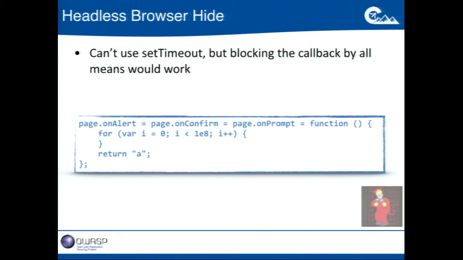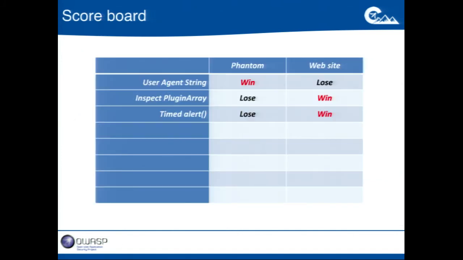This is the callback from PhantomJS for all the alerts issued from inside the page. And this is horrible because your PhantomJS can be DOSed by the website. So this time the scoreboard will show that PhantomJS loses and the website wins.